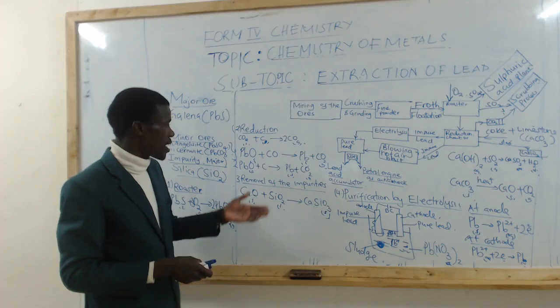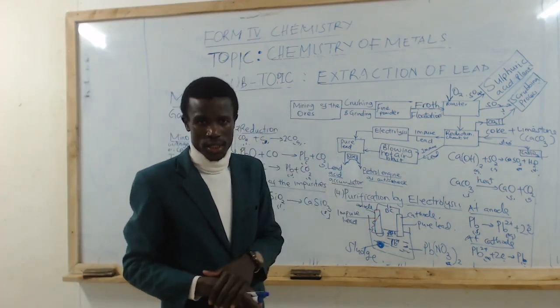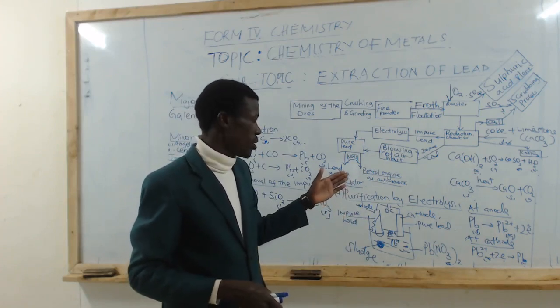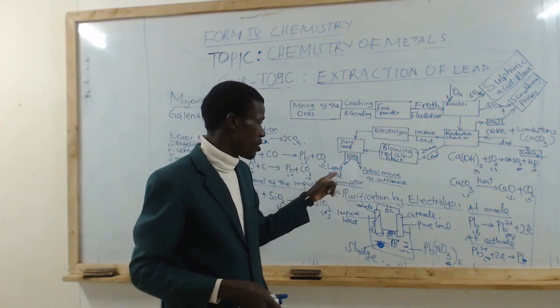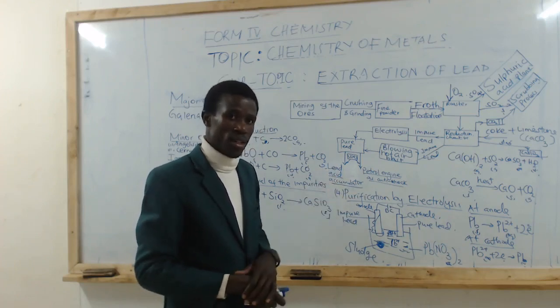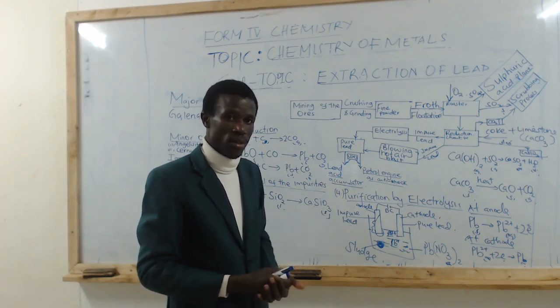Now, we can apply lead in so many ways. By the way, some industries which manufacture lead acid accumulators use lead to make the accumulators, where the lead is acting as an electrode.